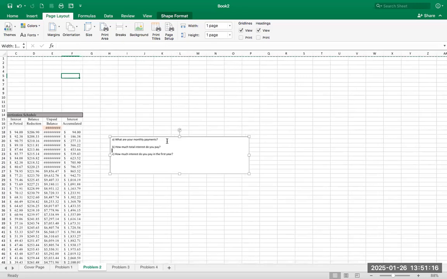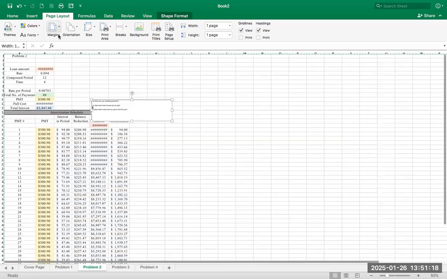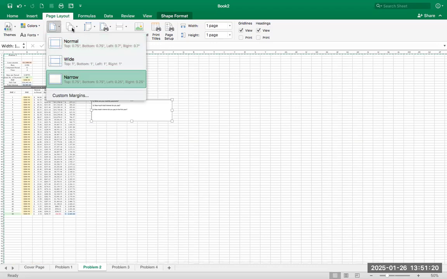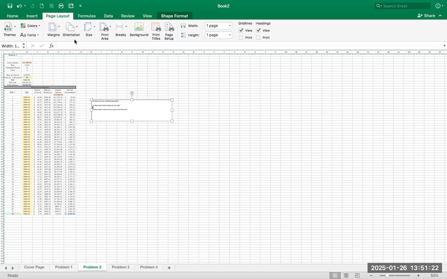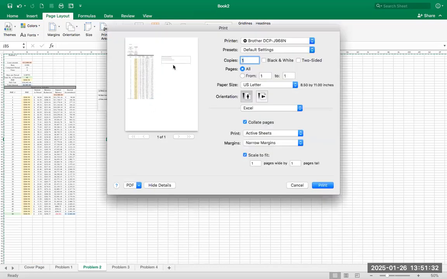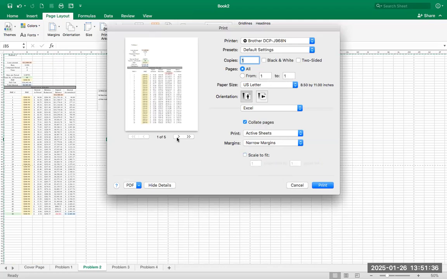And move that. Margins. No, I want orientation portrait. Normal. Perhaps there. Okay. Yeah. Notice, maybe I don't do the fit to scale. That way I can see everything.